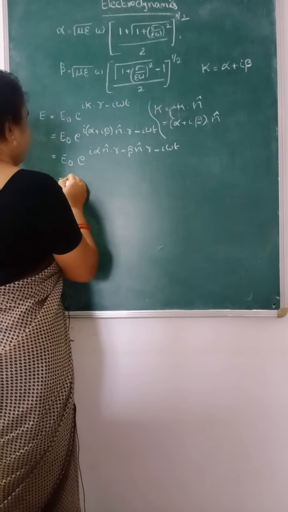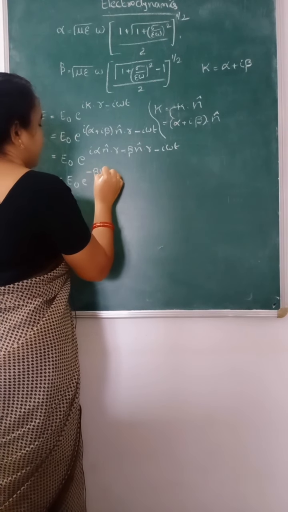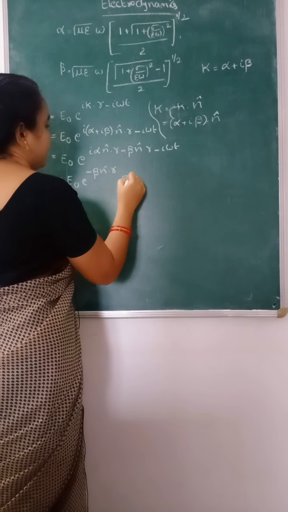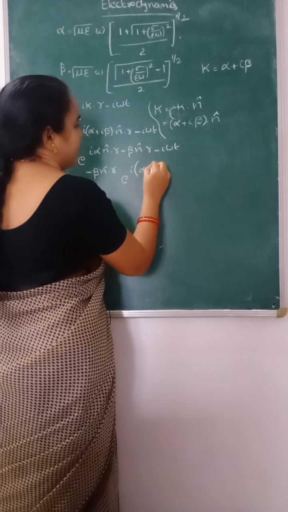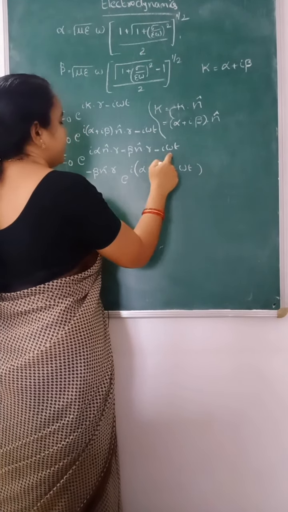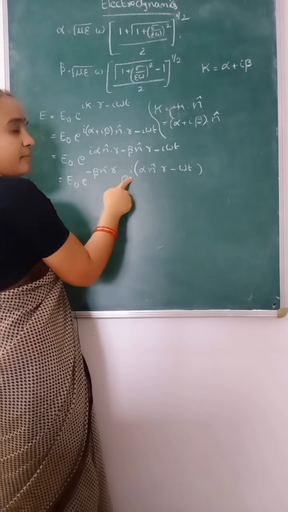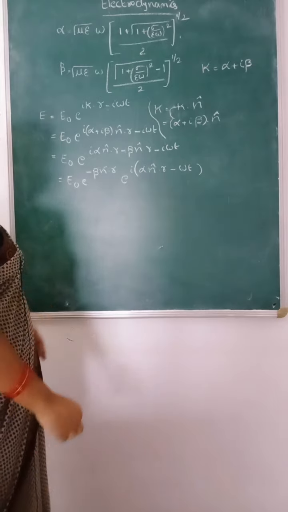That is E naught into e power minus beta n cap dot r, e power i alpha n cap dot r minus omega t. So from these two terms take the i term as common. So this is the electric field term.